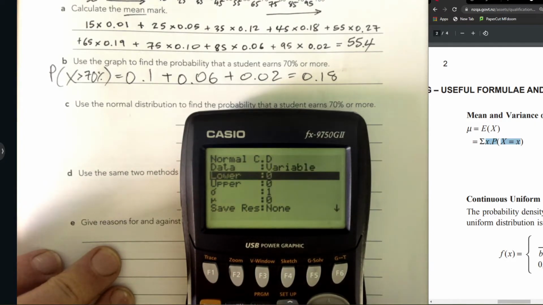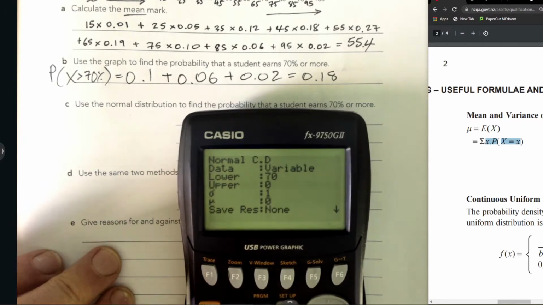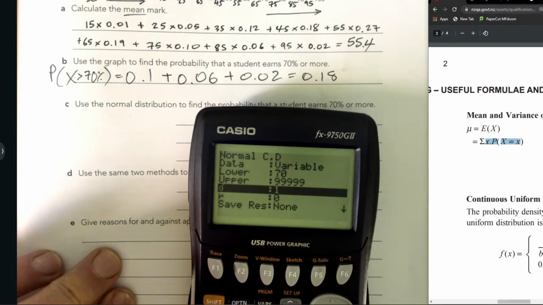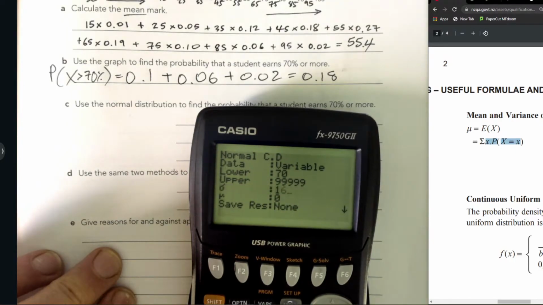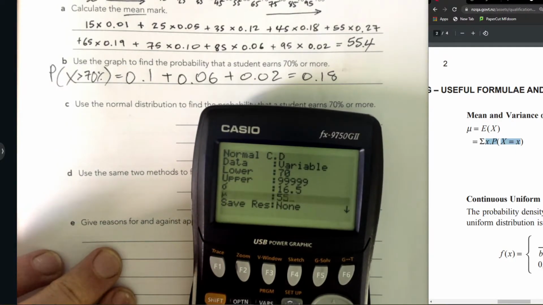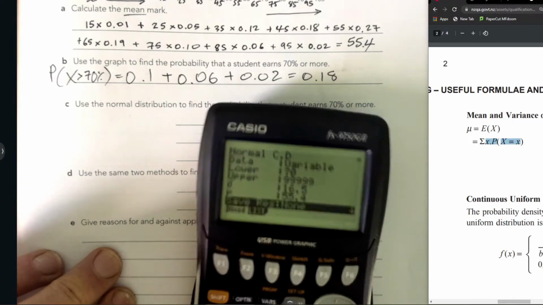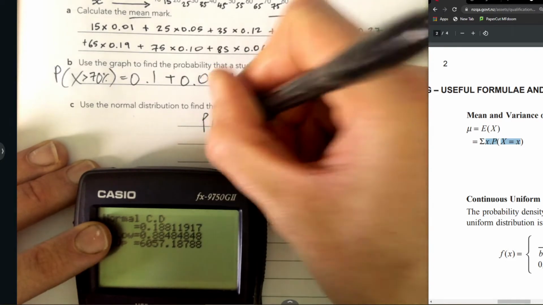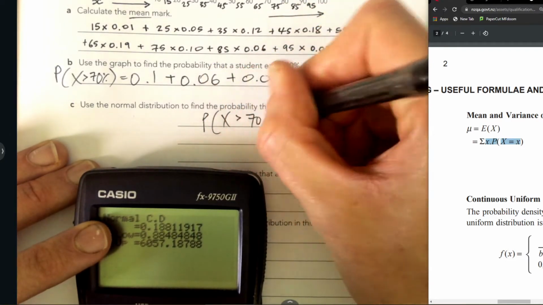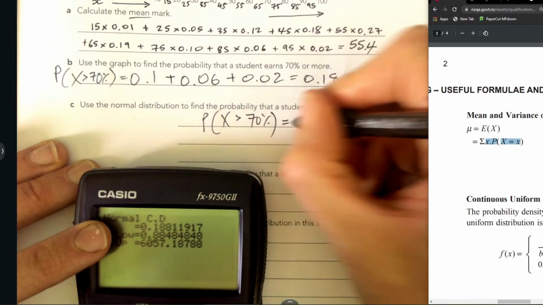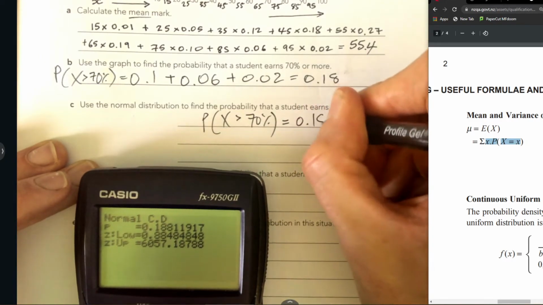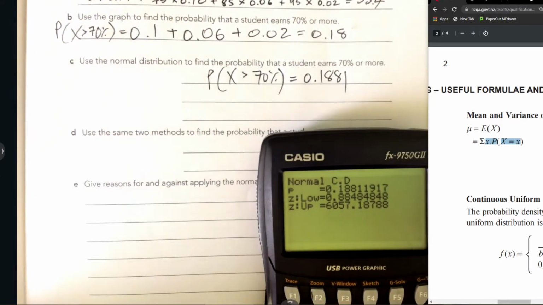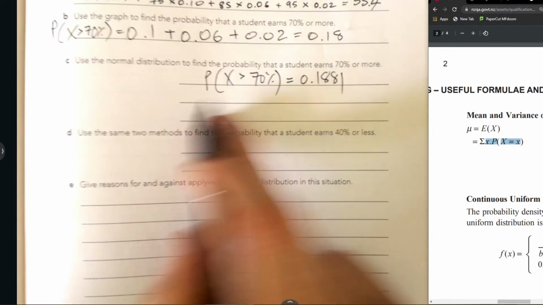Lower is 70 and we want everything above 70, so I'm just going to put a really big number for the upper bound. They've told us the standard deviation is 16.5 and we've got a mean mark of 55.4. So P(X > 70%) equals 0.1881. You don't need to do anything more, that's enough.